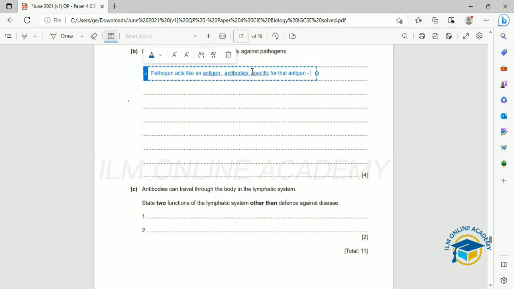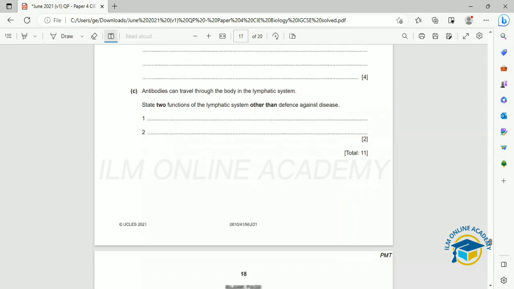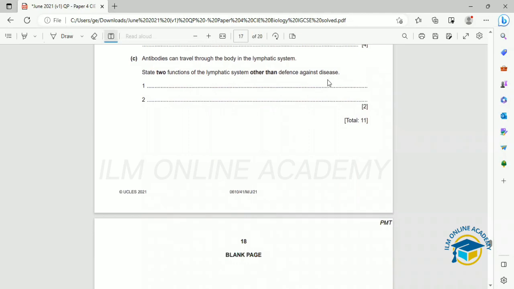So the antigens are going to get attached to those antibodies, and then those antibodies are going to destroy the pathogen. So that's the whole crux of it. Try writing at least 4 points describing all of this activity.